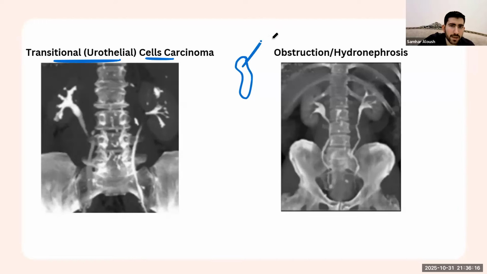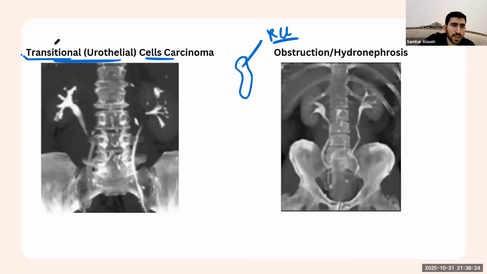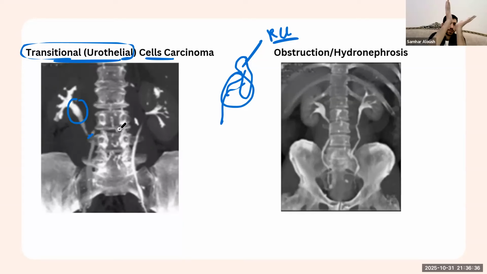So the cancer of the kidney, which is renal cell carcinoma, is going to cause this renal parenchymal tumor. It's enlargement of the kidney itself. However, transitional cell carcinoma affects the renal pelvis or the ureter or the bladder, but mainly the pelvis and ureter. So here we will have an enlarged ureter with obstruction.